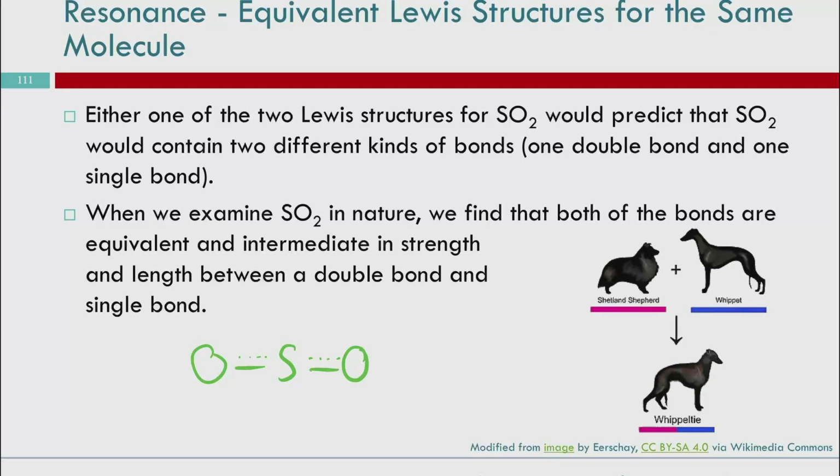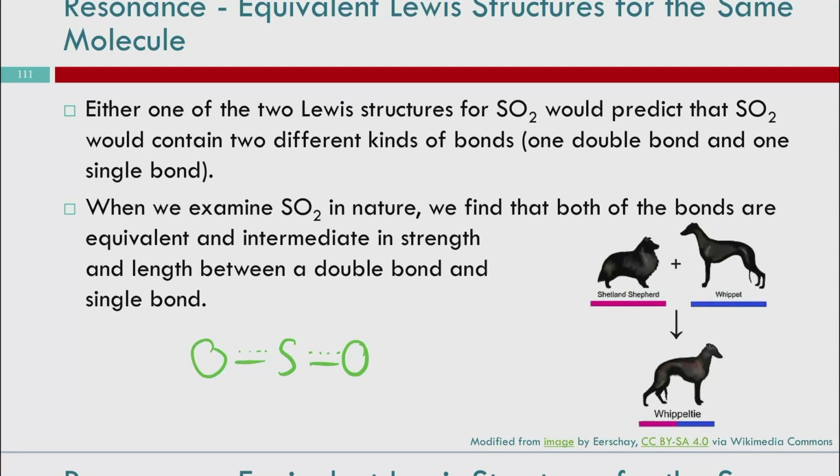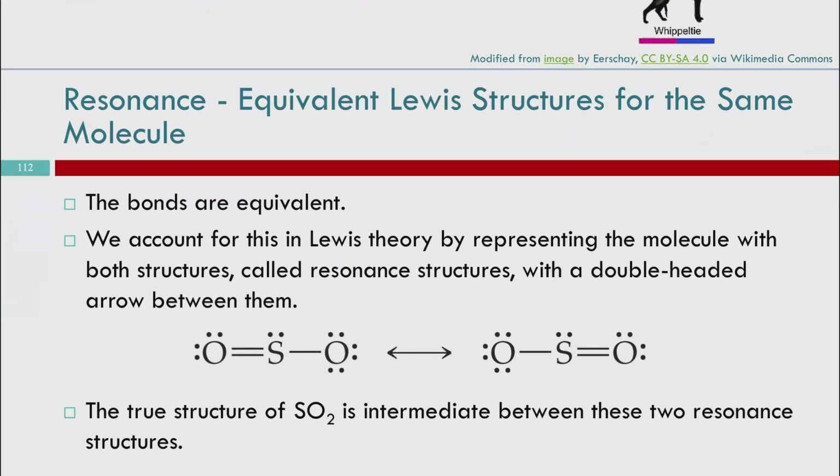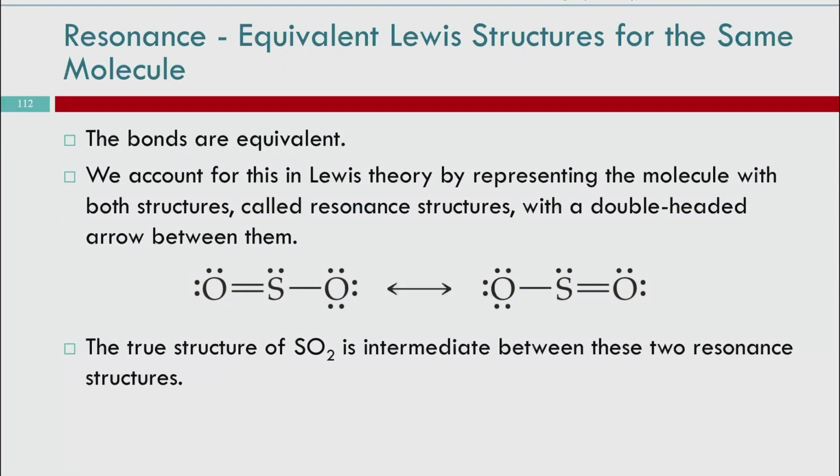So it might be something like that. Just like if you breed 2 different breeds of cats together, right? You'll get out something that's kind of in between. It's got some of the properties of one, some of the properties of the other. So that's what it would look like.